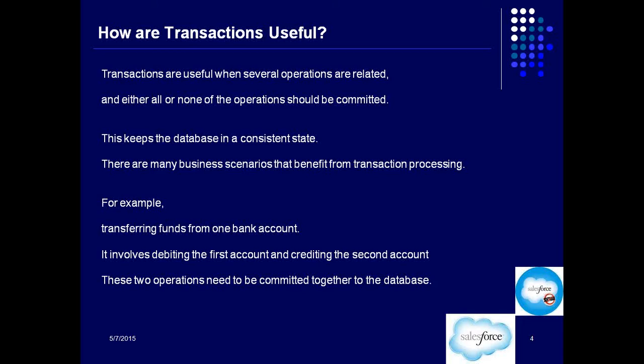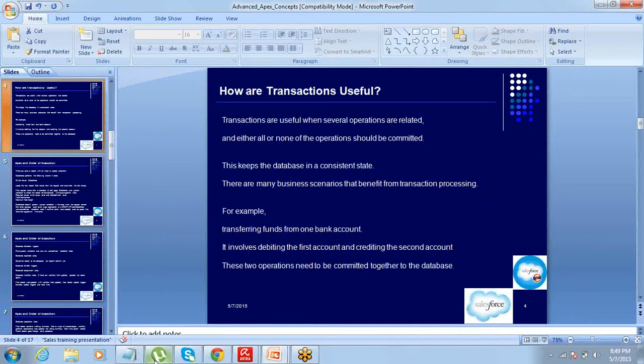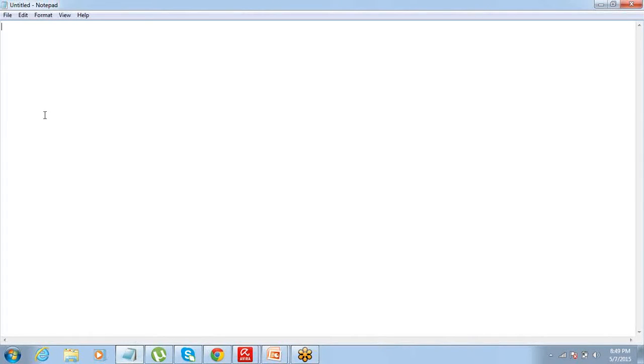Now if you have that sort of an interface, and let's say at the time of execution your account gets created, so first DML operation which happens is account gets created, right? So let's talk about this scenario.